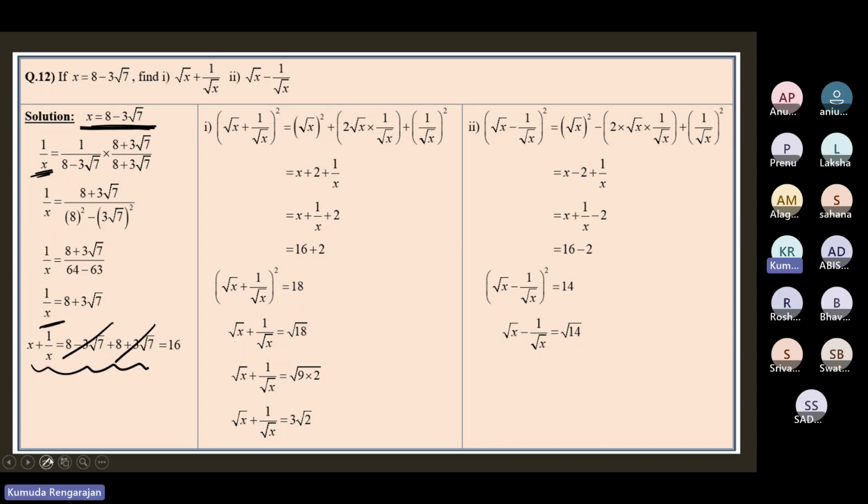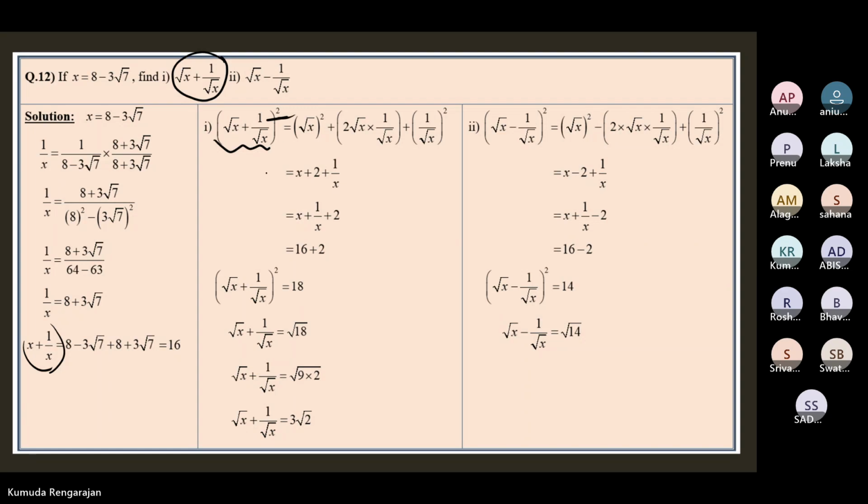Now have the value of x plus 1 by x ready. Now we have to find root x plus 1 by root x. Write that and square it. So it is a plus b the whole square, which is a square plus 2ab plus b square.